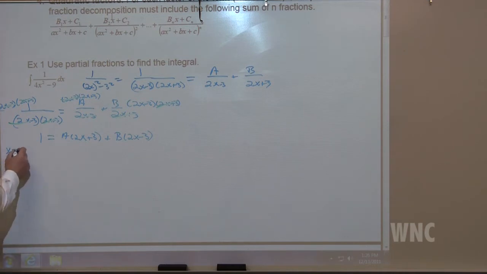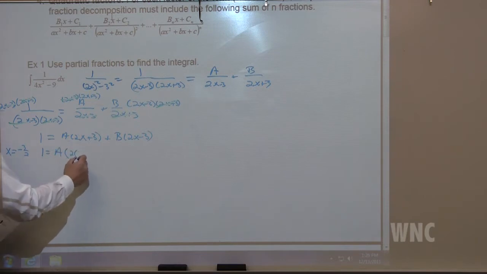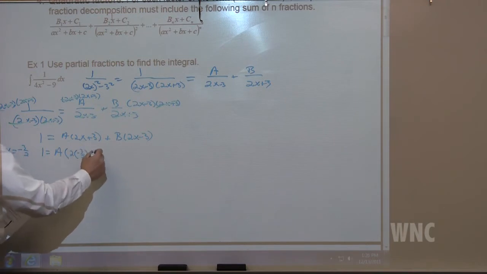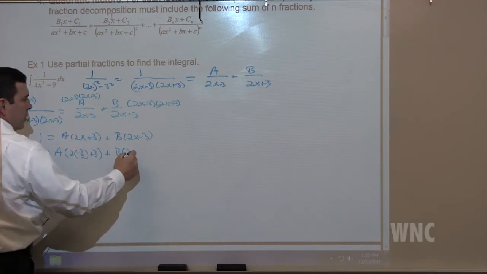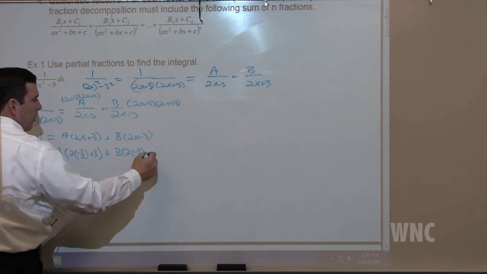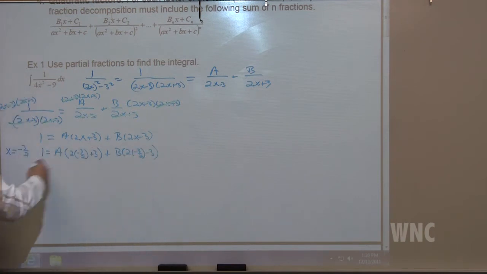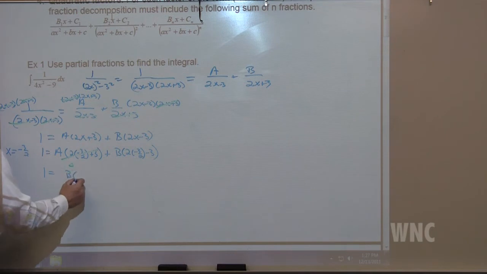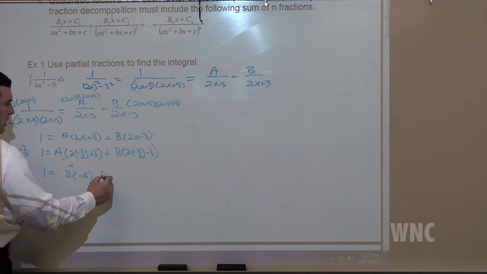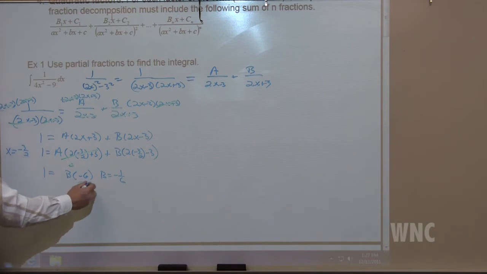If we say x equals negative 3 halves, that gives us 1 equals A times (2 times negative 3 halves plus 3) plus B times (2 times negative 3 halves minus 3). Well, this part's just 0. So we have 1 equals B times negative 6. So B must be negative 1/6. Divide both sides by negative 6.